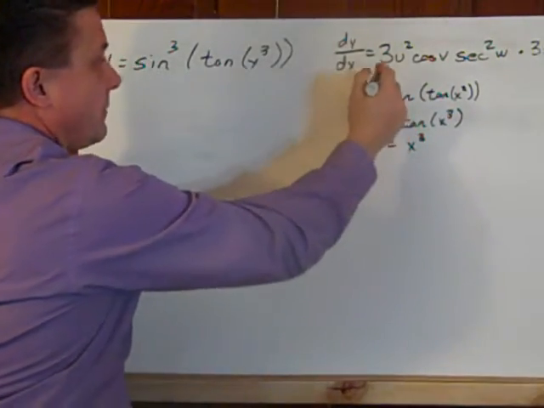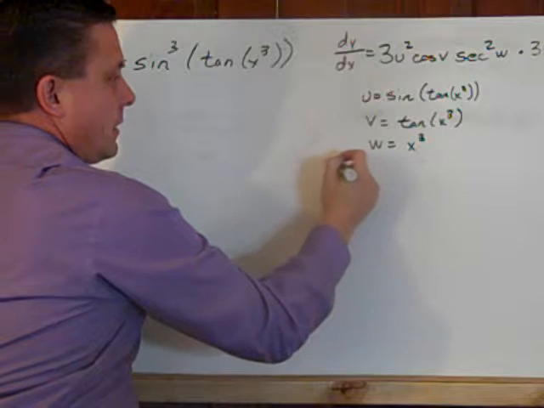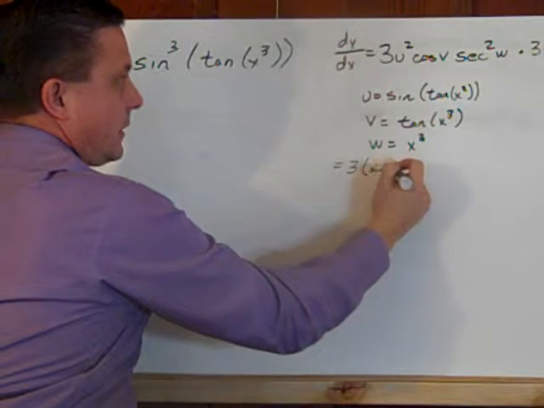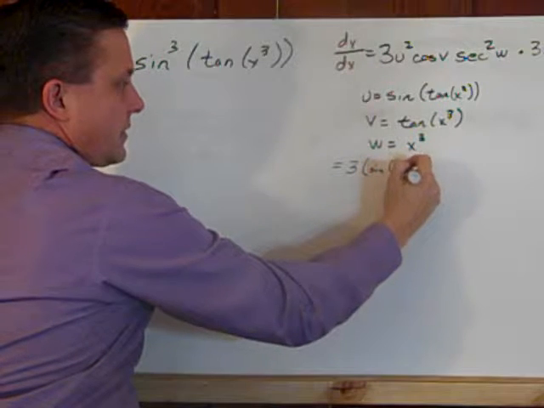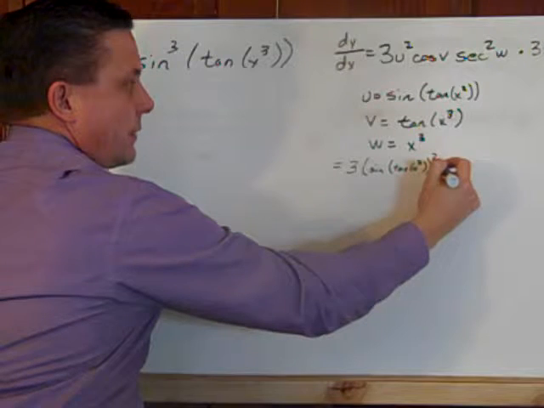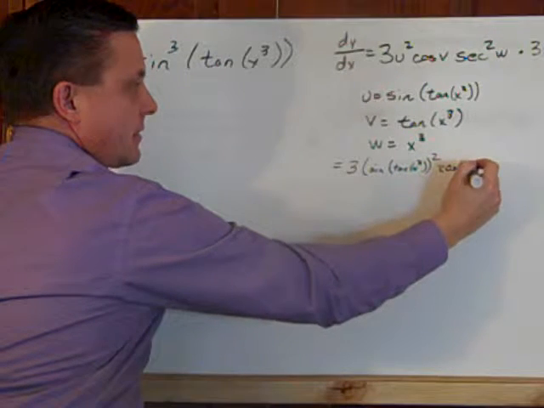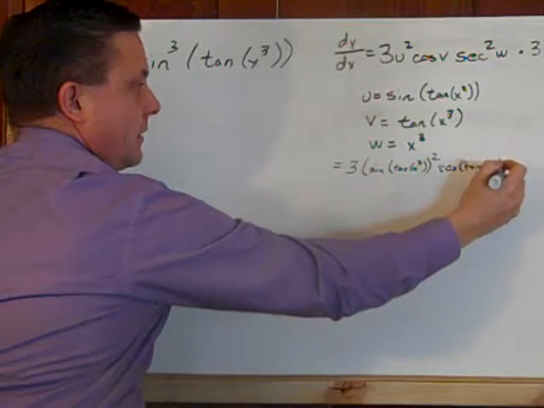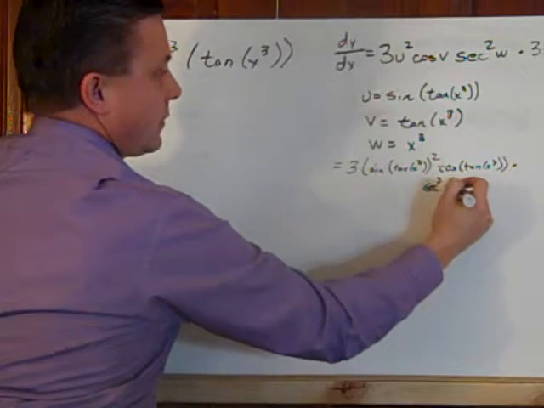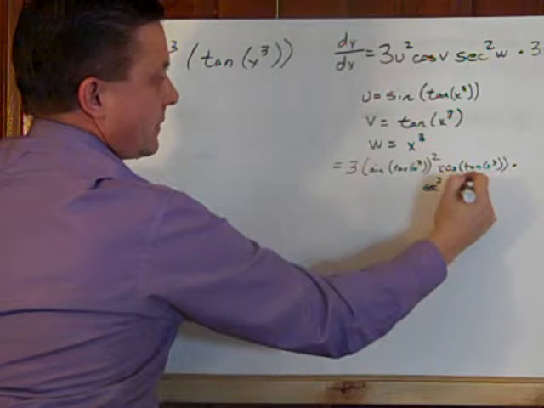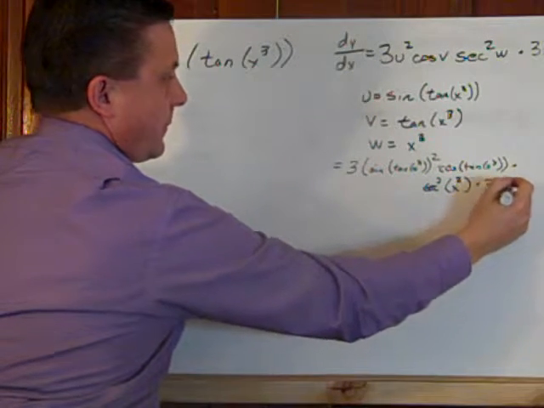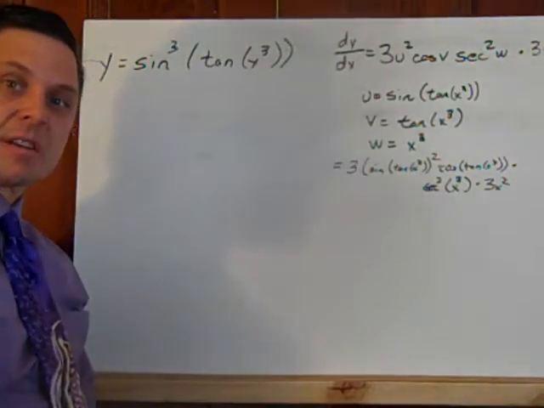So if I plug those in, 3, and then u squared is sine of tangent x cubed squared times cosine of tangent x cubed, that's v, times, and I'm going to have to go another line, secant squared w, which is x cubed, times, and we had the 3x squared. And now I have the derivative dy dx.